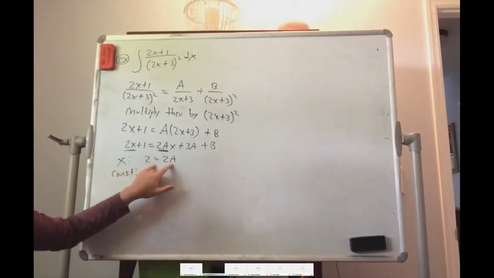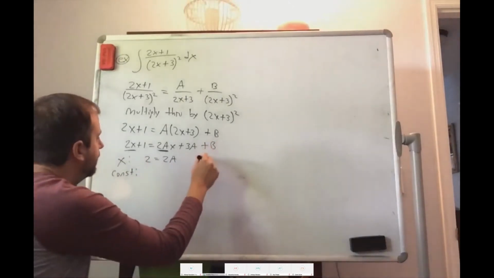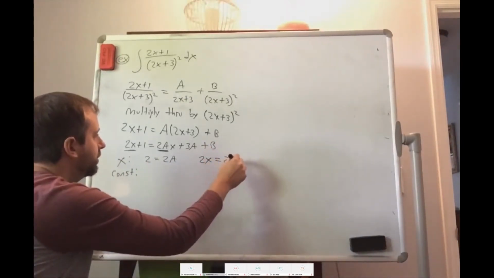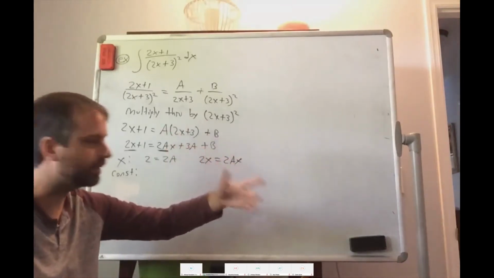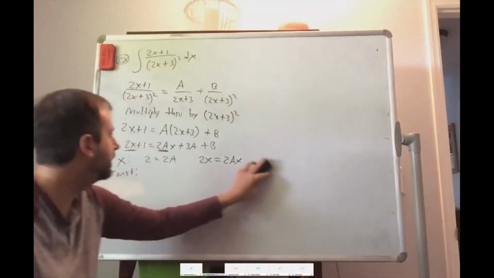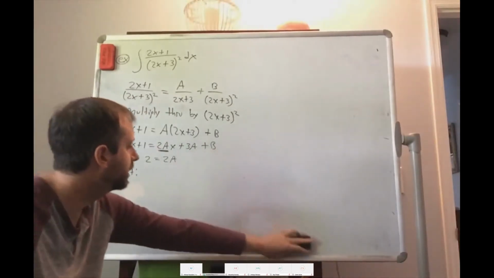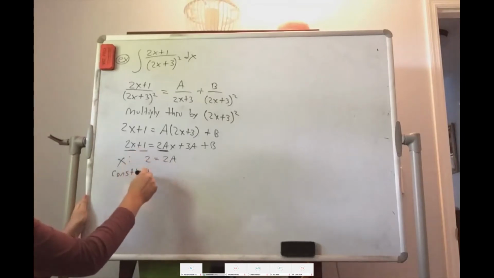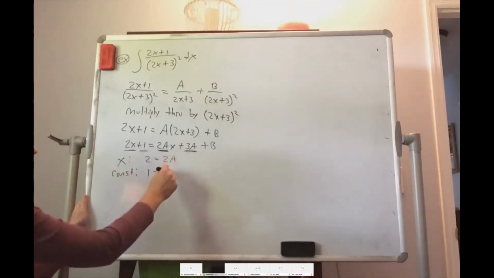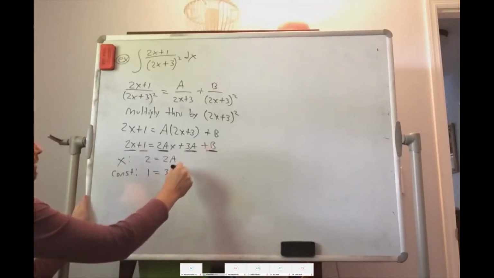Notice I'm not actually writing the x's, because it's a waste of time; you'd just divide through by the x's anyway, so we only need the coefficients. Constant terms: I got 1 on the left, 3A on the right, and also B on the right.